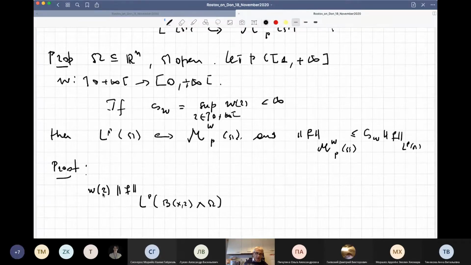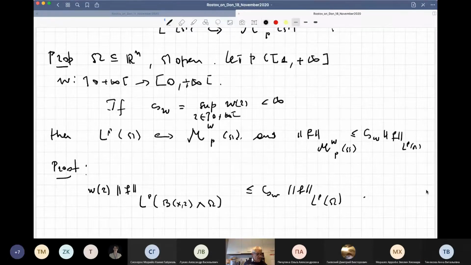So you take the supremum over R and X in omega, with R a positive number, and you get the Morrey norm. We want to control this in terms of the LP norm, which is very easy. Why? Because W is controlled by the supremum. And then you control the LP norm on the ball by the LP norm in omega, and that's it.